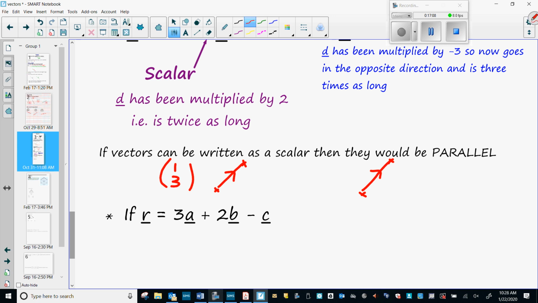If we moved across 2 and up 6, we still know they're going to be parallel. That was not a good diagram because it really doesn't look parallel. But because they're the same movement and can be simplified to the same rise and run, they would be parallel lines. Are you all happy with that?